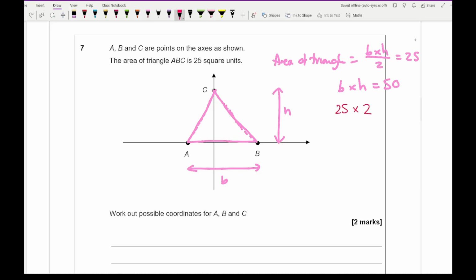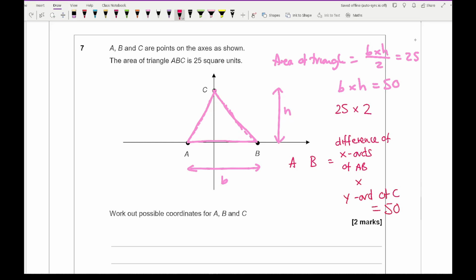Okay, so from this what you could do is decide, do I want the height to be 25 or the base to be 25, and it's entirely up to you which one you want to go for. But basically in terms of A and B, we want the difference in the x ordinates of A and B multiplied by the y ordinate of C to be 50.